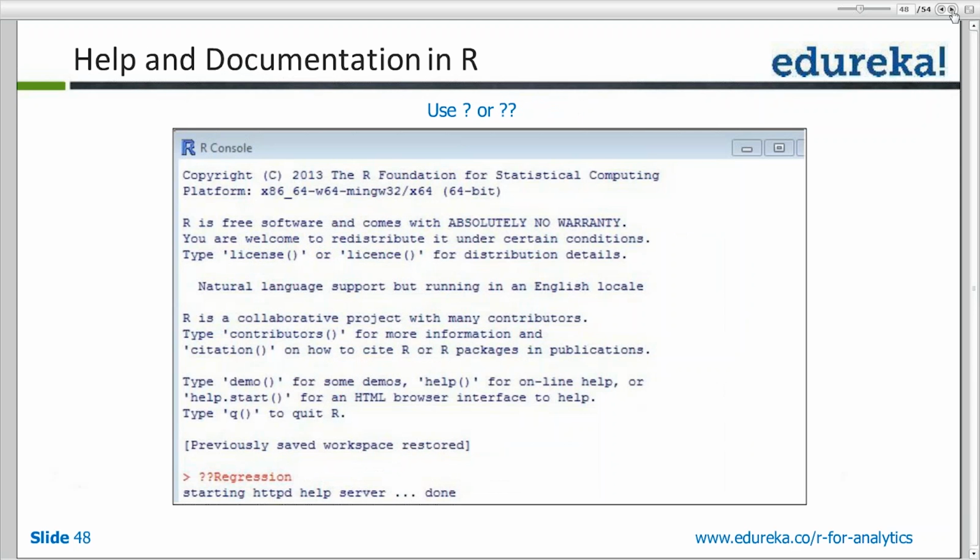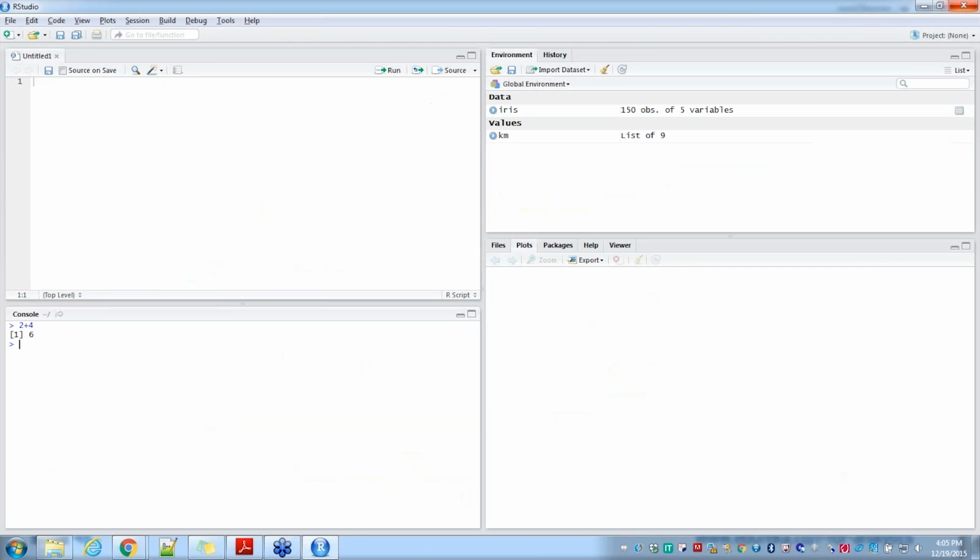Now say you are working on the RStudio IDE and you have certain questions. Say you know a particular function that you might want to use, but you need to know more details around that function, say, what arguments to call within that function. Say I need to fit a linear model or a linear regression for the data set I have, for which I need to use the LM function.